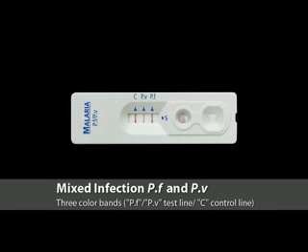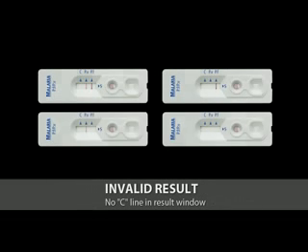Also, you can see 3 color bands on the PF, PV and C lines. It means mixed infection. If no line appears near the letter C, conduct the test again with a new test device and a new inverted cup.